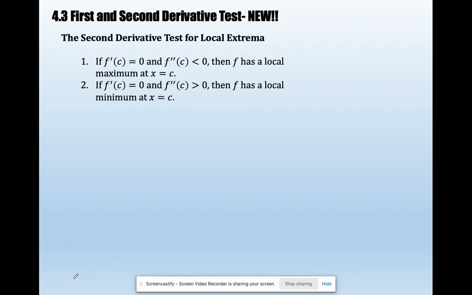Now, most of today is going to be a review of what we did in the last video, but there is one new concept, and that's this. Remember that I told you we had the first derivative test for extrema and the second derivative test for concavity.